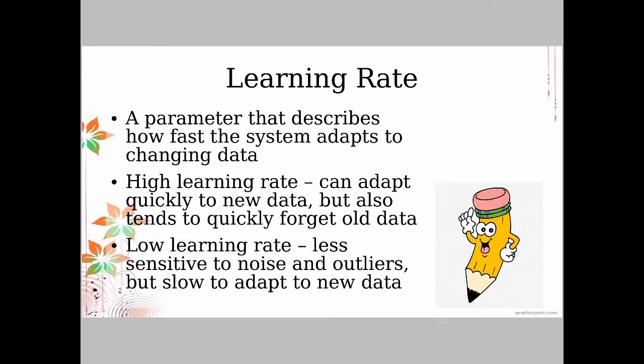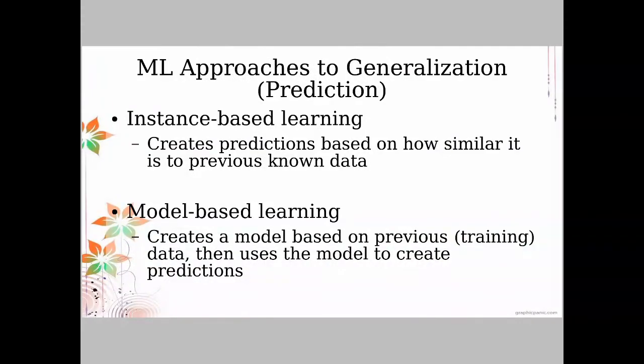The downside here is that it takes quite a while, several new data must come in for it to actually adapt to the new data. However, this one is more resistant to noise and outliers because it doesn't quickly forget the old data. So that's your learning rate.